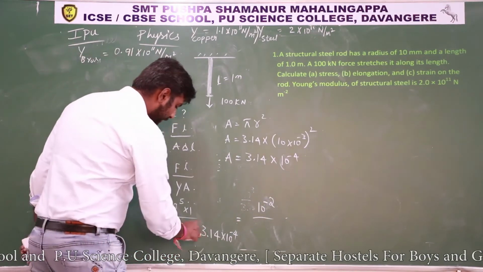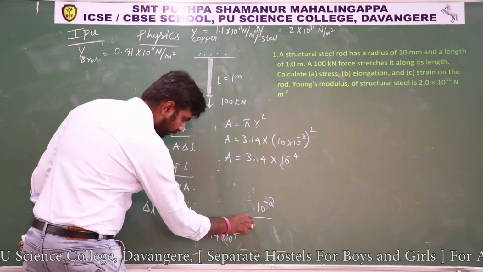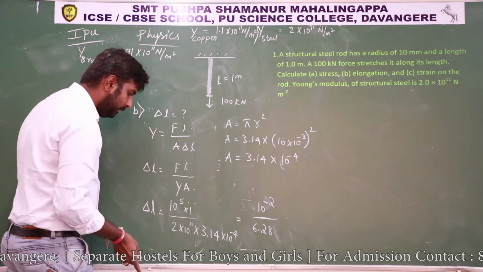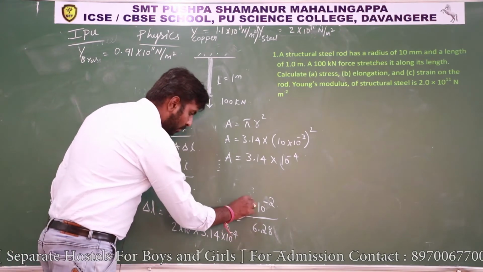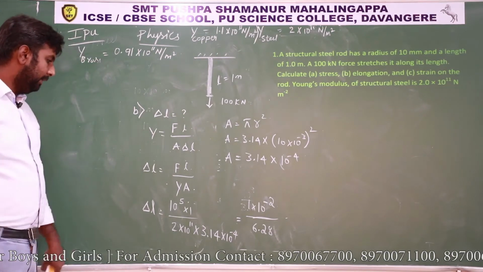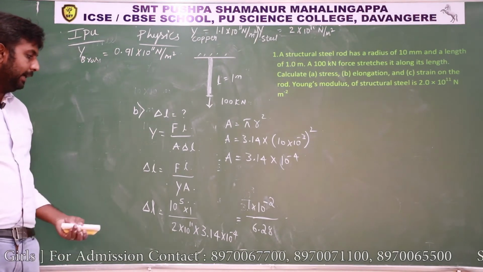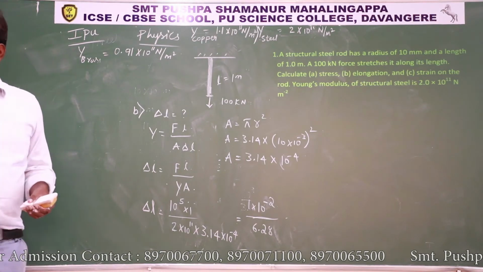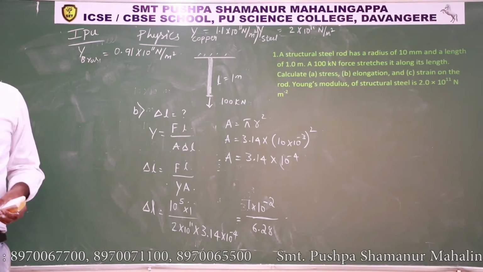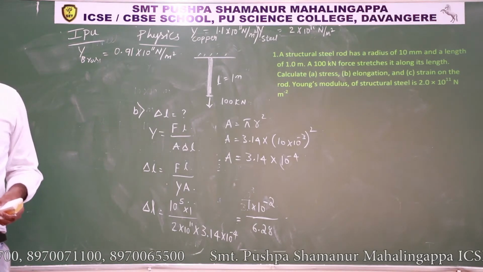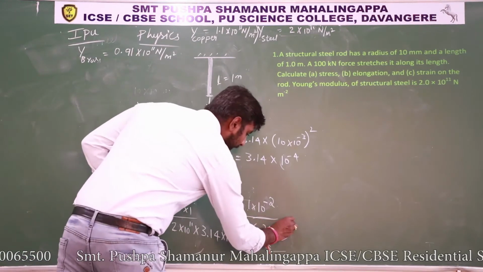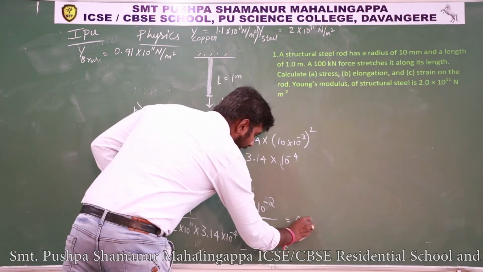Minus 2 divided by 2 into 3.14, which gives 6.28, that is 1 into 10 to the power minus 2 divided by 6.28. Calculate that: 1 divided by 6.28, I got 0.159.